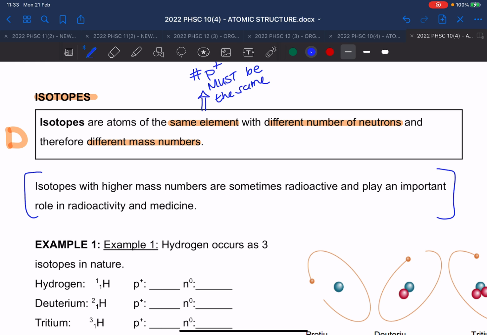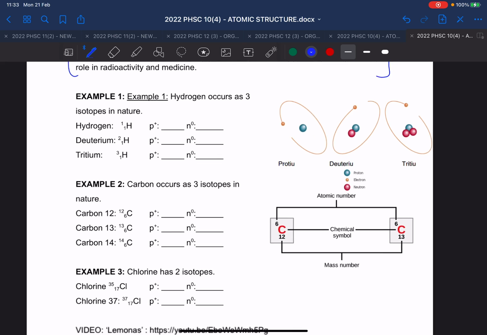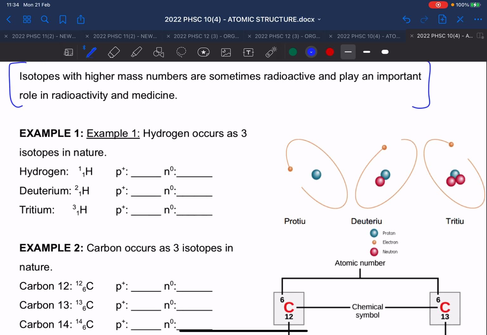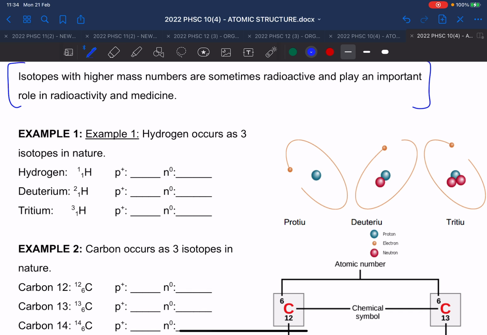Right, now we're going to look at 3 of these isotopes. We're going to look at hydrogen, carbon, and chlorine. There's more, but for now in this class we're going to look at these. Now hydrogen is actually a triplet in nature. So there's 3 isotopes, and they have names: hydrogen, then deuterium, then tritium.